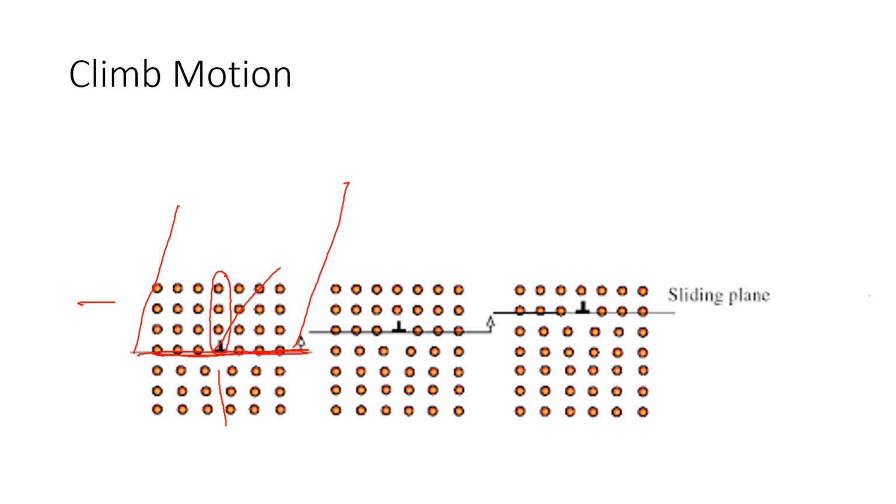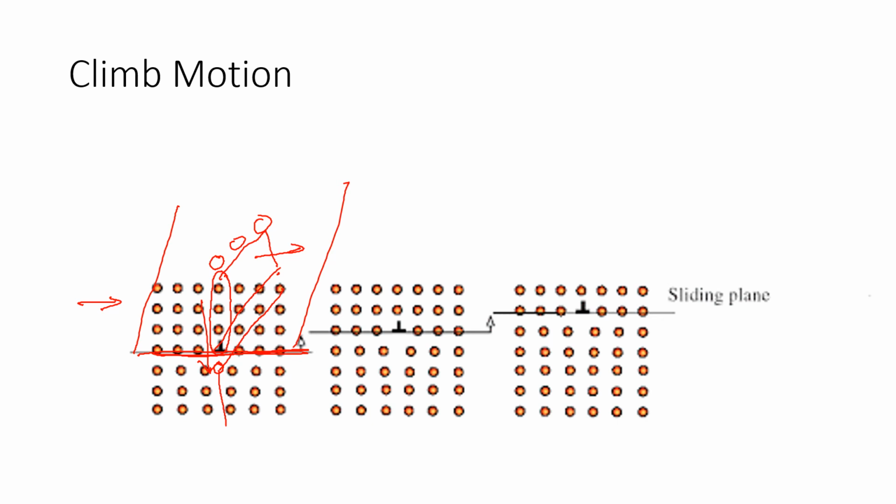In the previous case, we applied a tension in this direction so that this plane moved to another side. But now, what will happen if we insert an extra layer of atoms into this? Then this layer will come down to this position. It is climbed down.